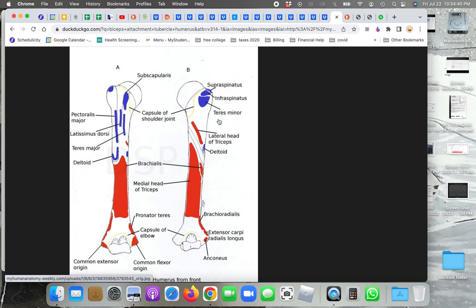You cannot see the front of the person's chest now. And now that's what you're seeing with view B. So this is the greater tubercle. You can't see the lesser tubercle because that's too far around in the front. And at the top is the supraspinatus, followed by the infraspinatus, followed by the teres minor.